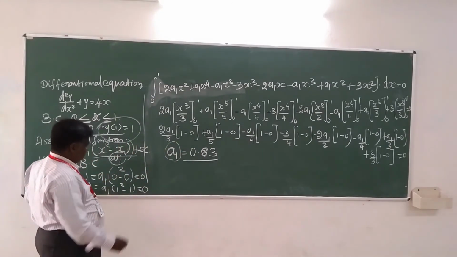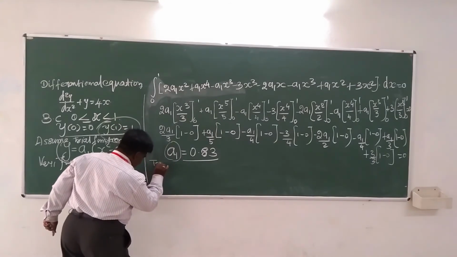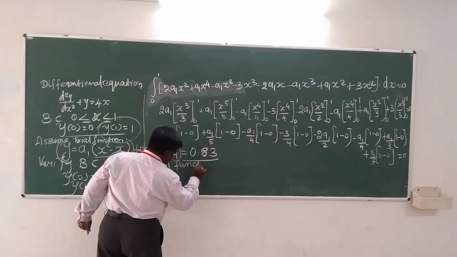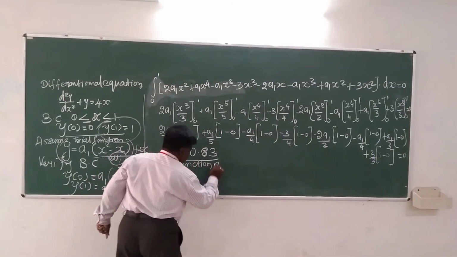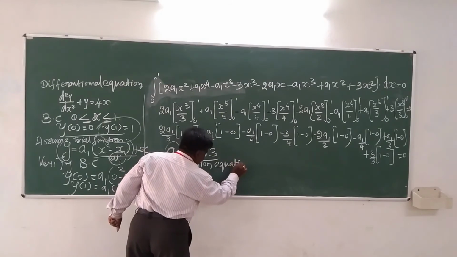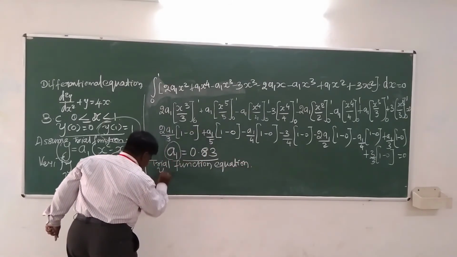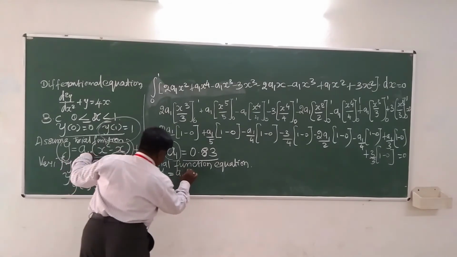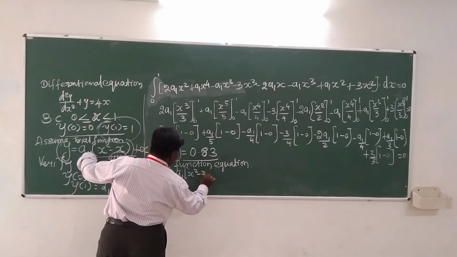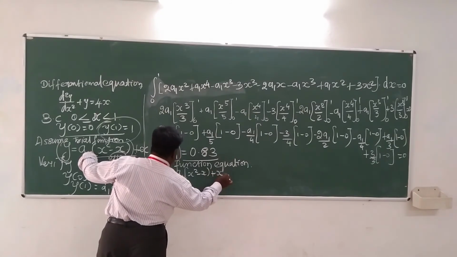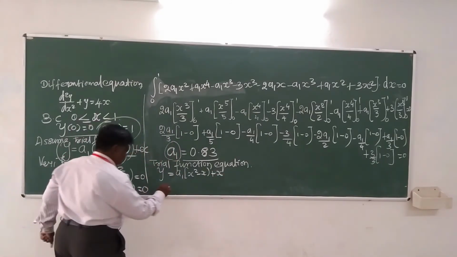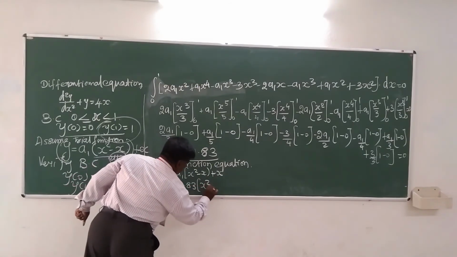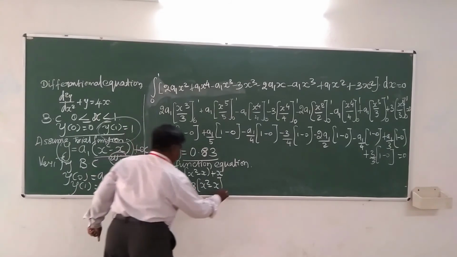The final step is your assumed trial function equation, y equal to a1 x square minus x plus x. Substitute this: 0.83 x square minus x plus x.